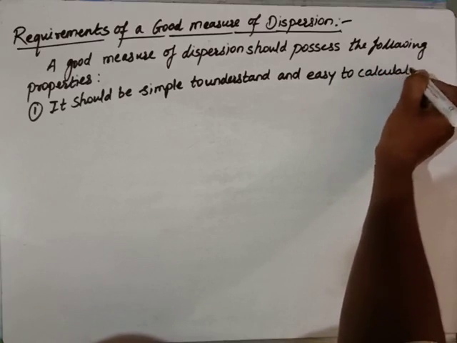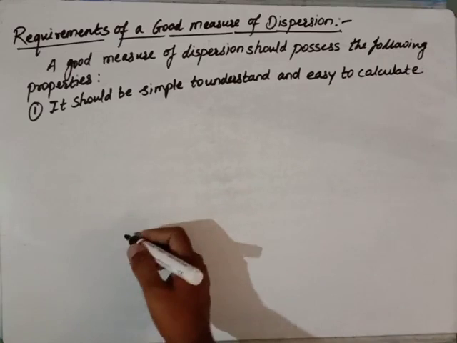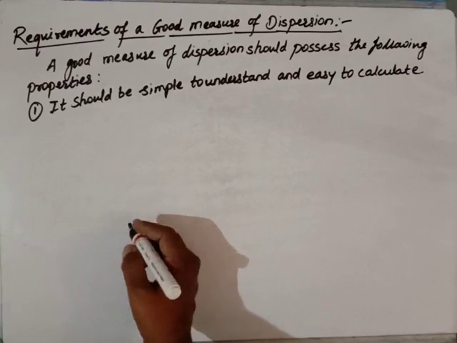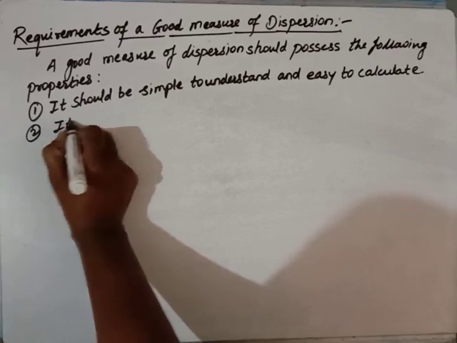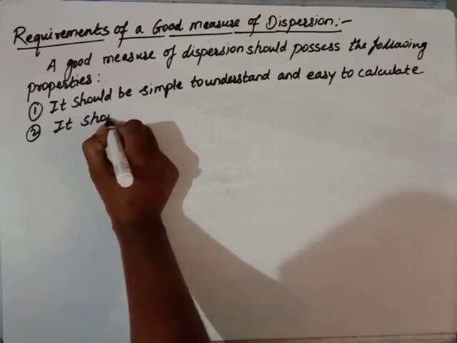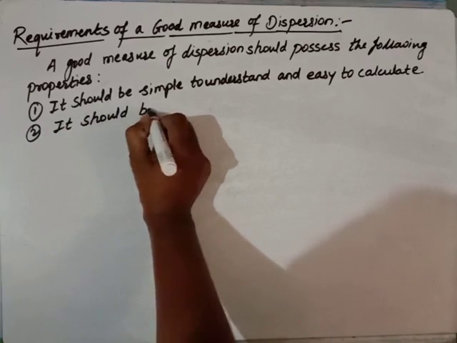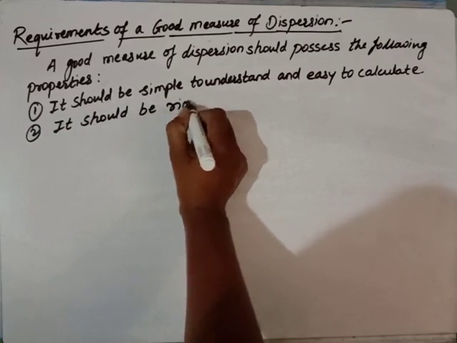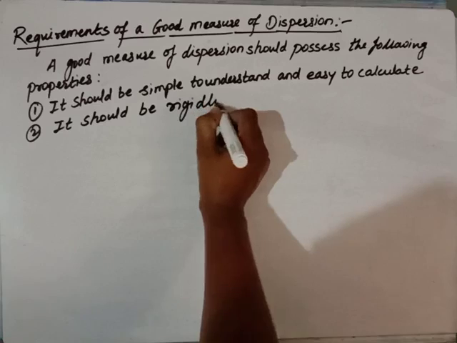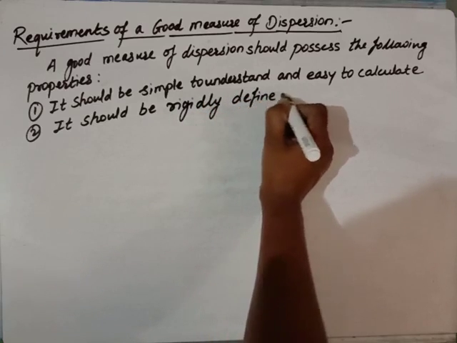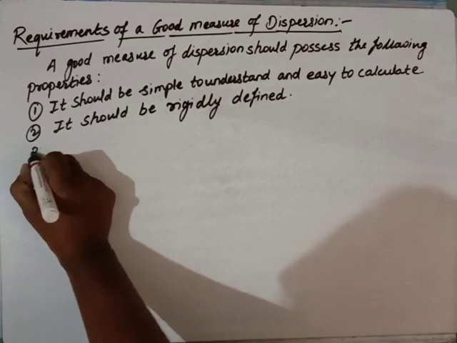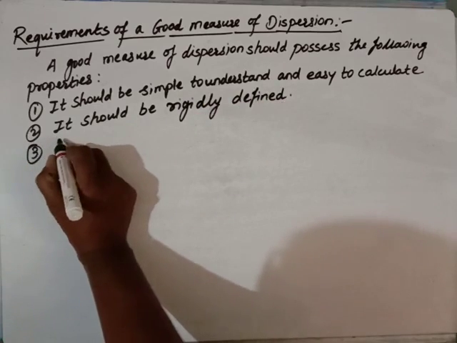Everybody should be able to calculate it and understand it easily. Then the second one is that it should be rigidly defined. Rigidly defined means it is the same everywhere.